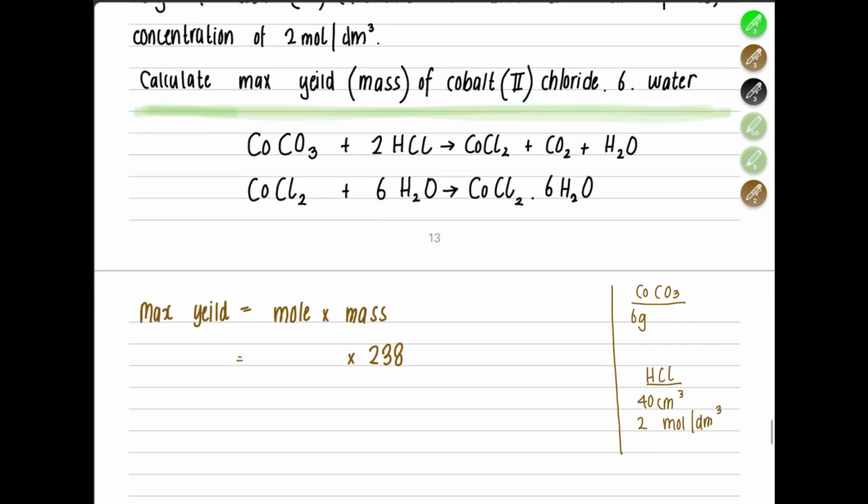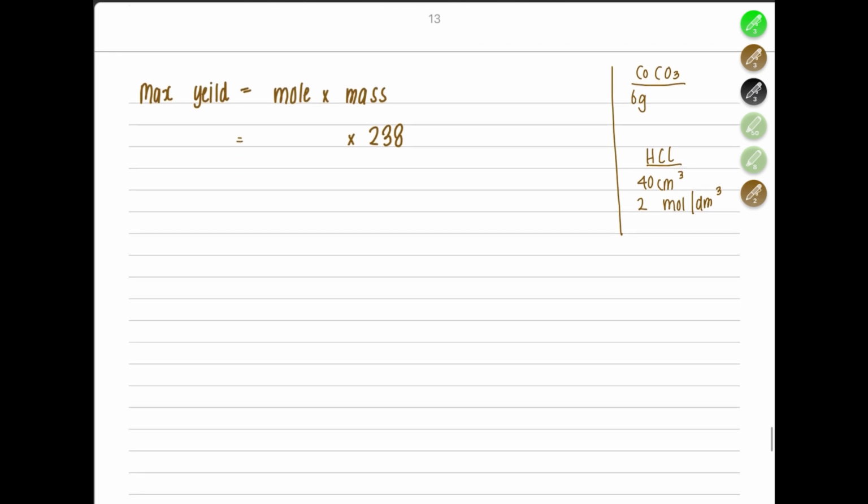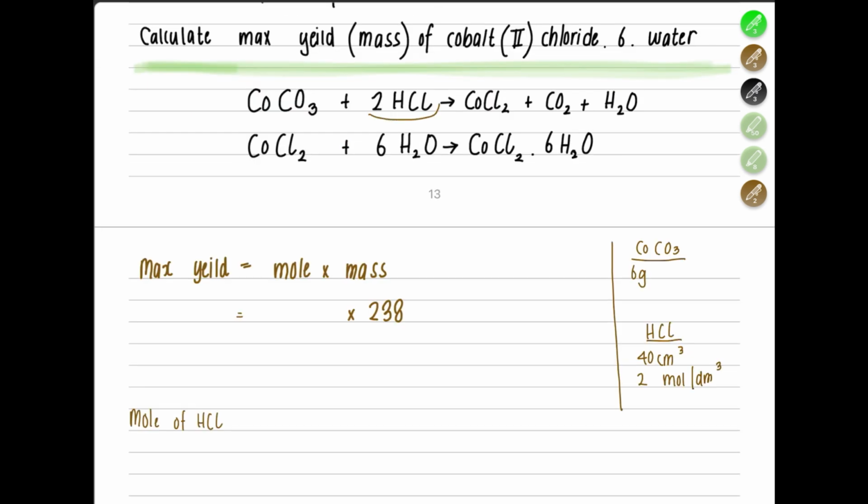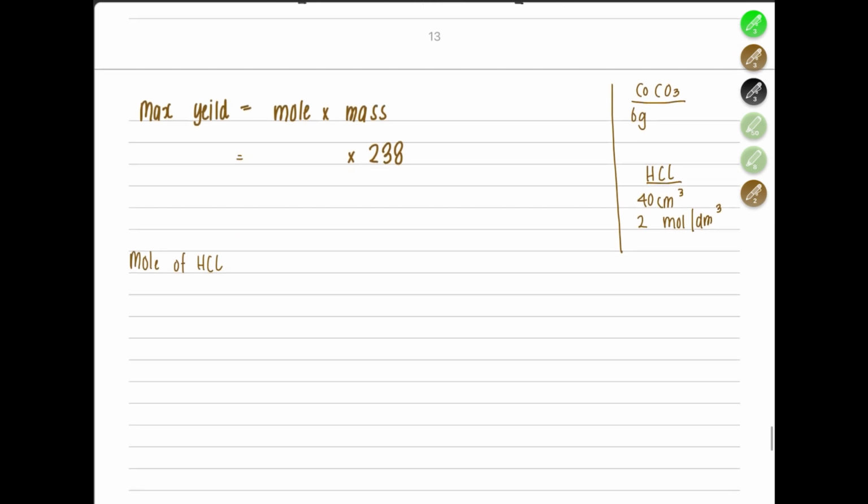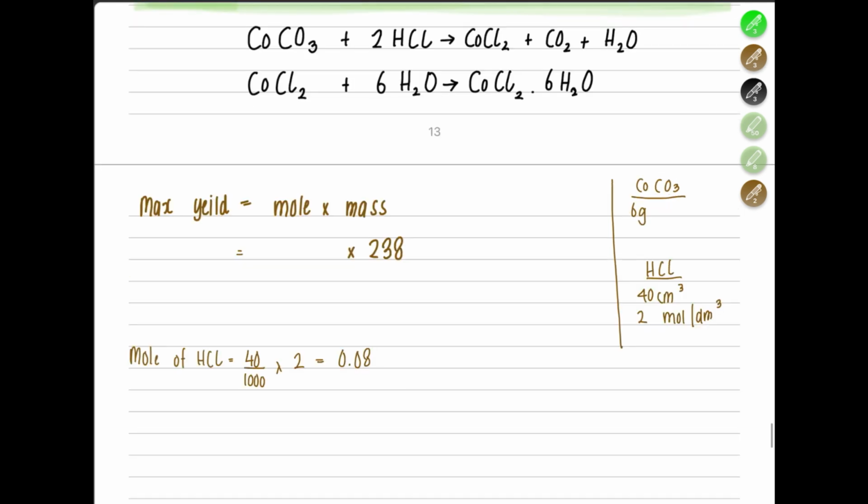So we can find the moles of hydrochloric acid, and then using the ratio method we can find the moles of CoCl2. So what are the moles of HCl? This is going to be 40 divided by 1000 multiplied by 2, the concentration. 0.08.